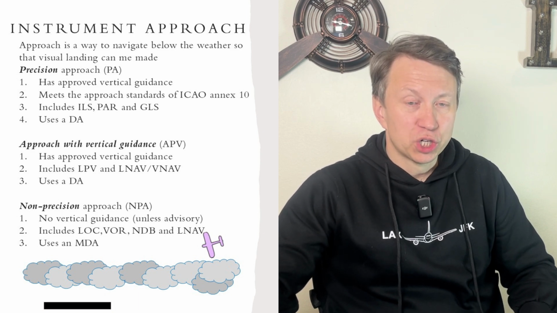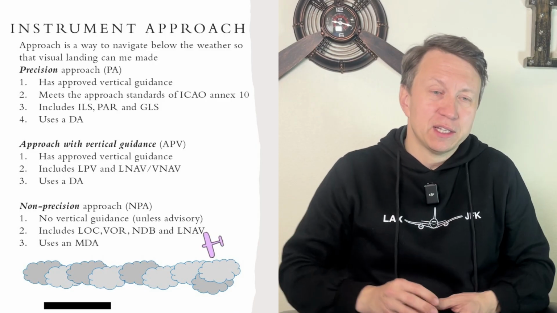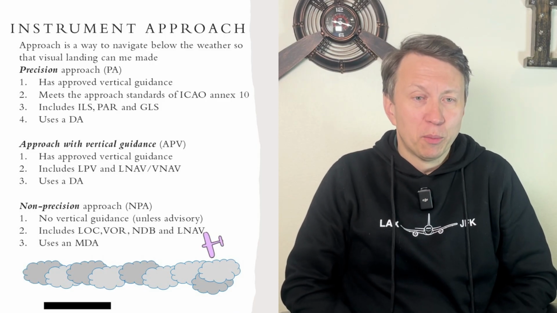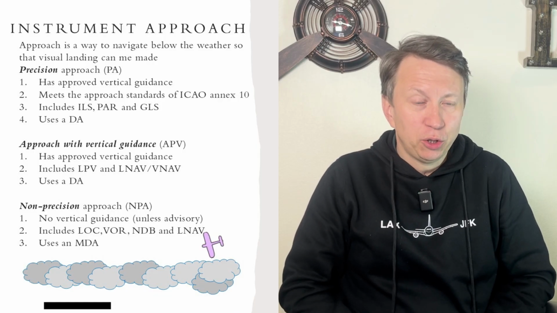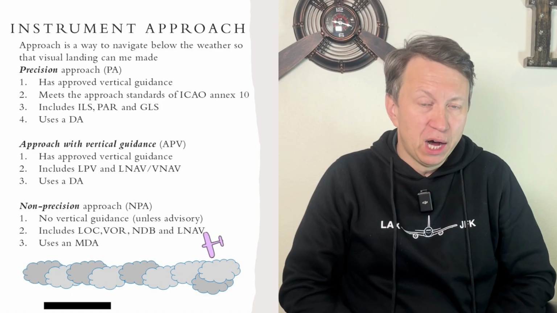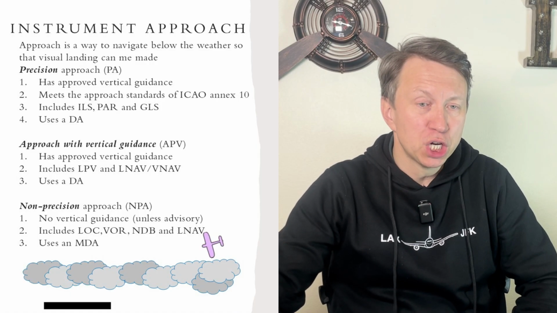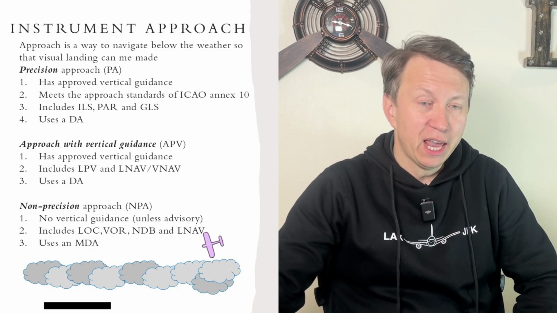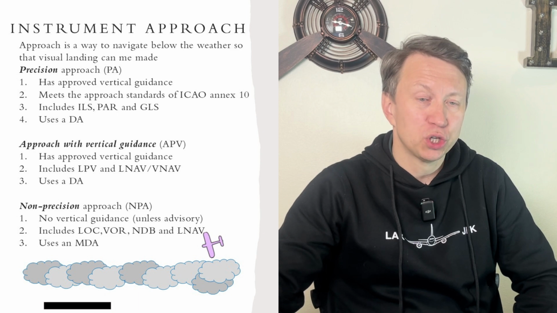Now, the second portion here is the approach with vertical guidance. This is sitting as a little bit aside from precision approaches, but the APVs use decision altitude as well. Mostly for us flying and training here, we're looking at LPV approach, which, as the AIM describes, is built to mimic exactly the ILS approach.